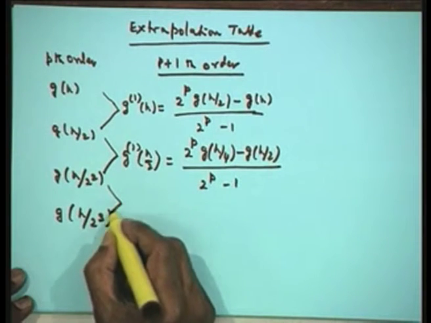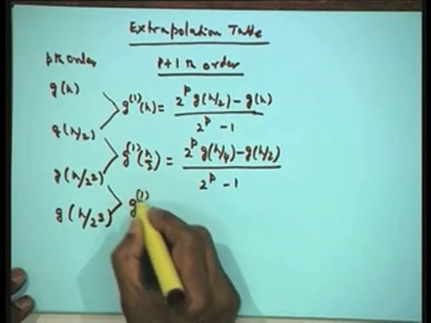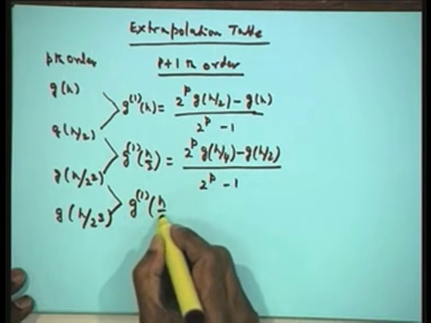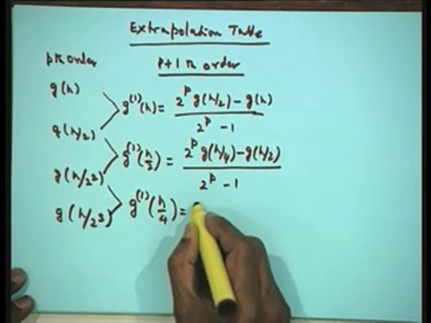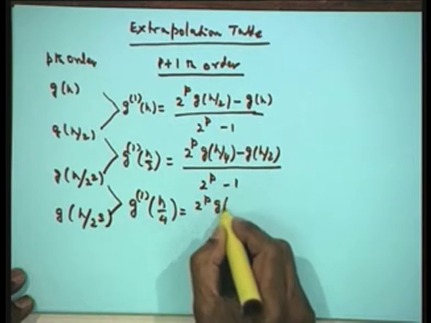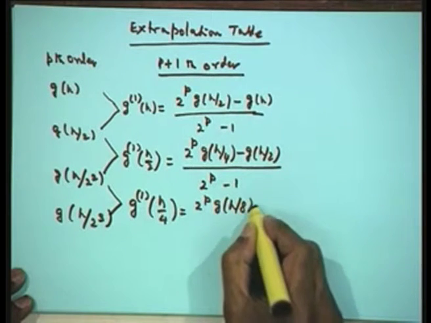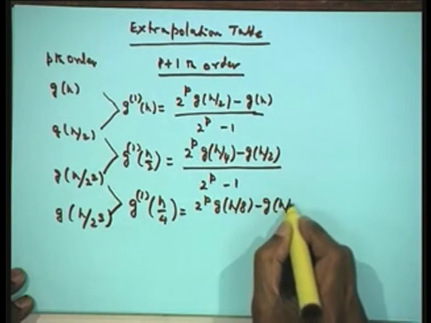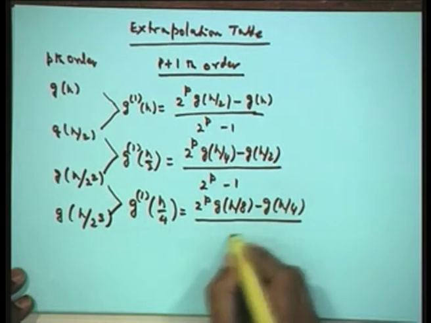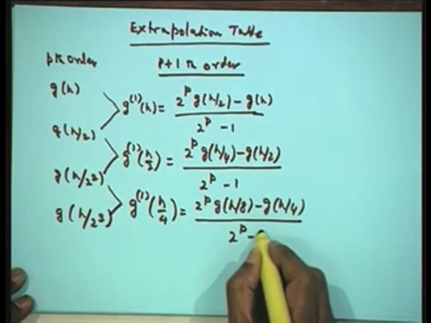If I manipulate these two, again I will have g 1, I will now call this h upon 4, this is 2 to the power of p, g of h upon 8 minus g of h upon 4, divided by 2 to the power of p minus 1.